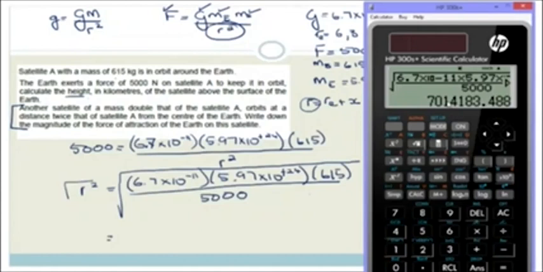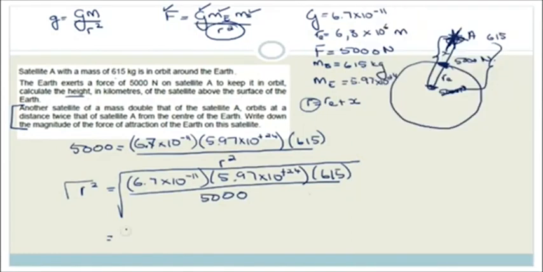Why is it 49? Because I'm rounding off to two decimal places, which means we have to look at our third one, and that 8 rounds this up. But remember that is in meters, and that includes the radius of the Earth.